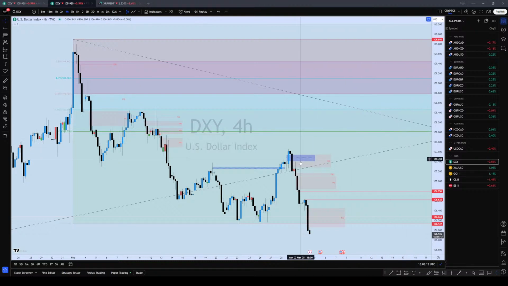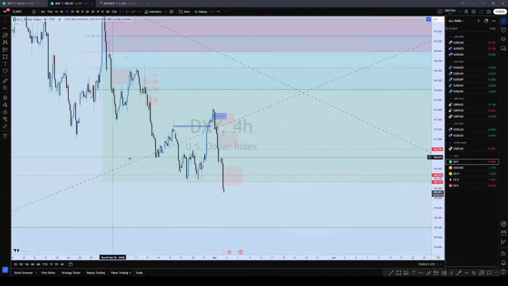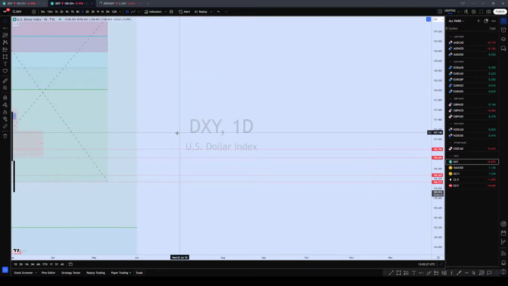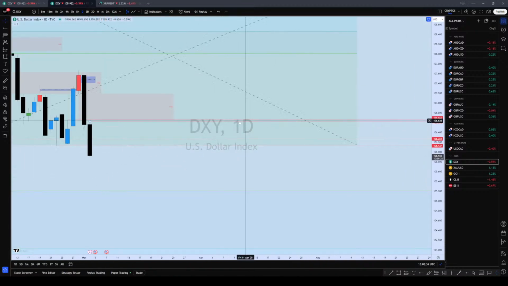So, yesterday, I gave you something to use in order to see price continue going lower. If you go into the daily time frame, the price point was 106.65.